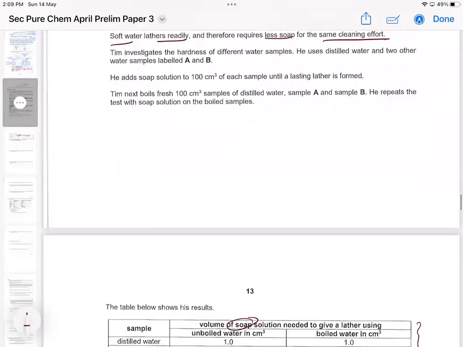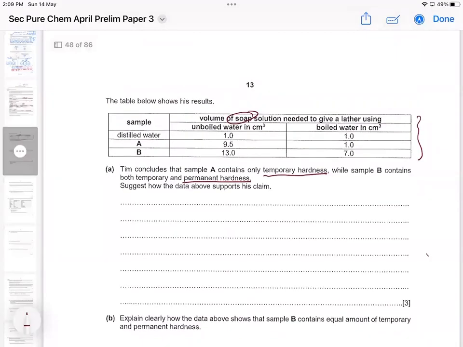All right. So the question here says A contains temporary hardness. So one wants us to conclude yes, temporary hardness. So temporary hardness includes things like they lather easily. So the question says the volume of soap required. Prior to boiling, they have hardness.